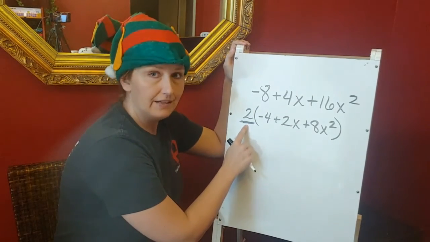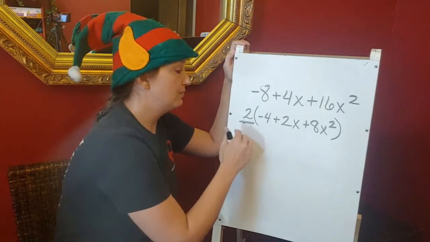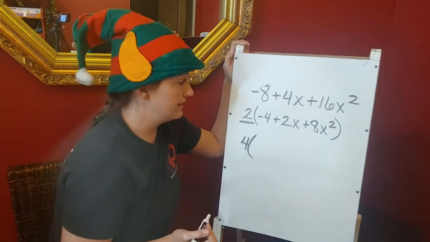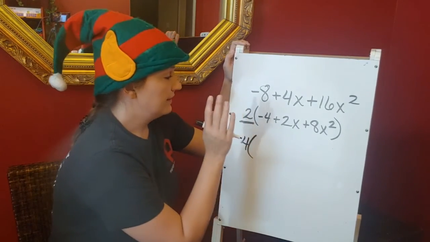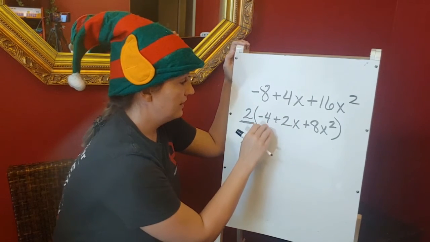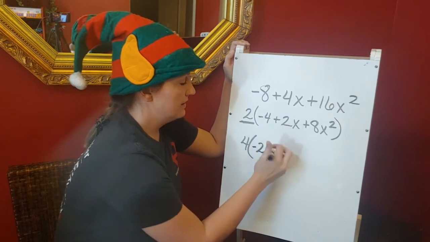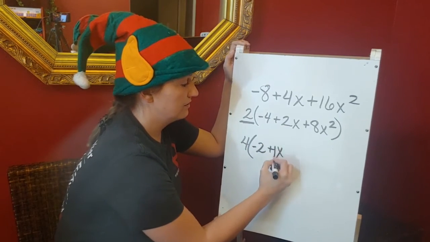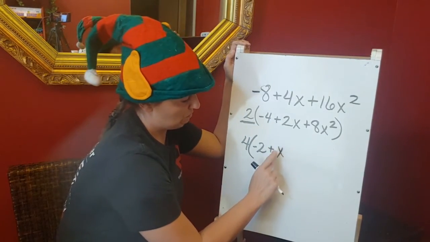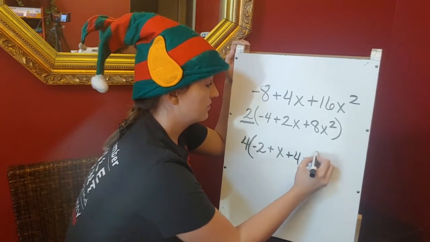So I'm going to multiply 2 times 2, and now I have a 4 outside my parentheses. In pulling that other 2 out, I'm going to divide this number by 2, and this number by 2, which is just a 1x, but you don't have to put the 1 there. Plus 4x squared.